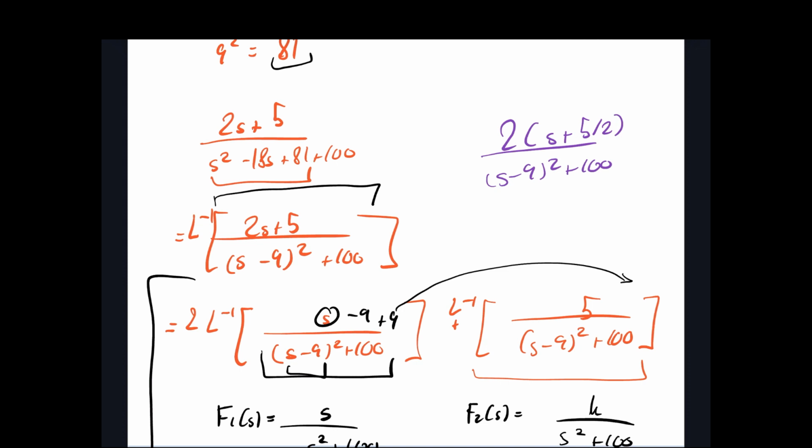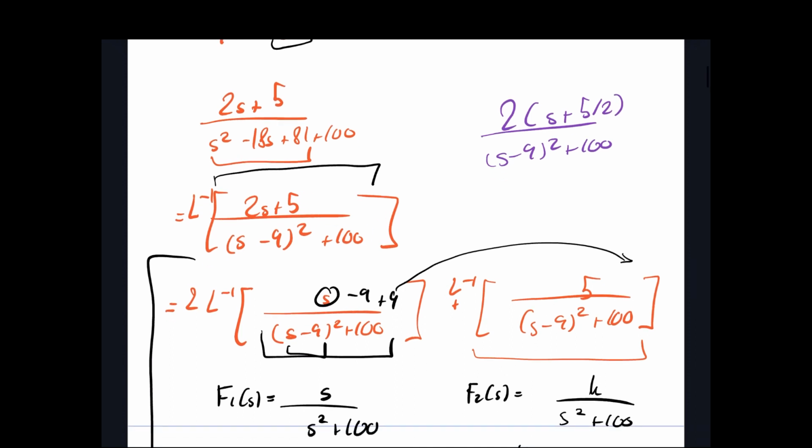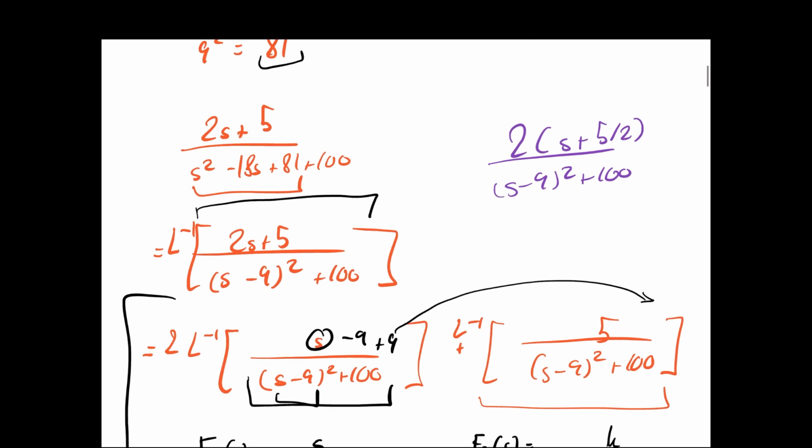And so we could either spread it apart into 2s over s minus 9 squared plus 100, plus 5 over s minus 9 squared plus 100. Or we could work with it in one fraction and then spread it apart later.